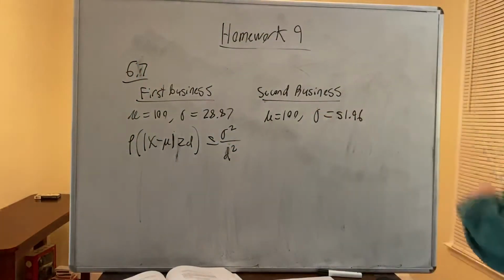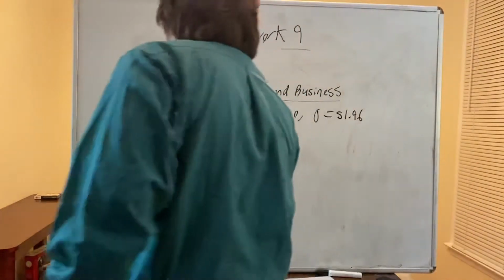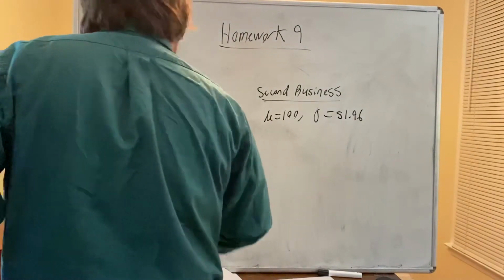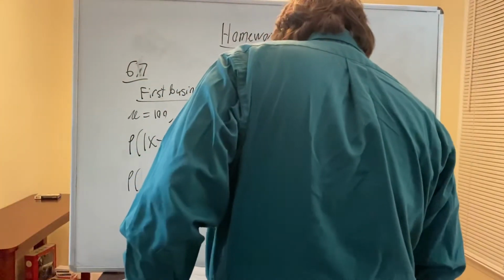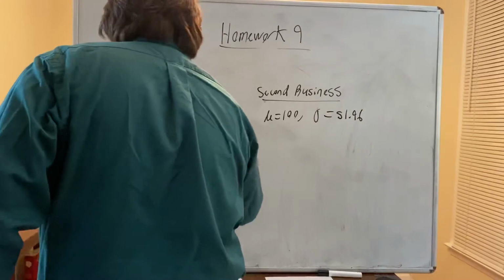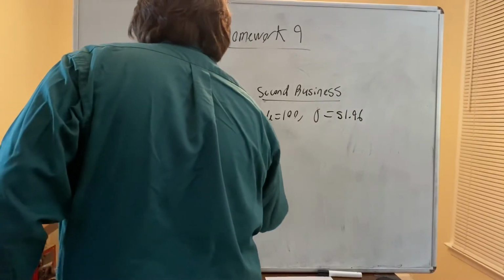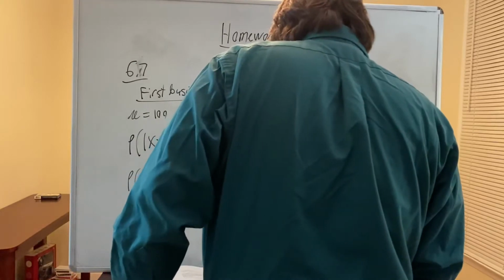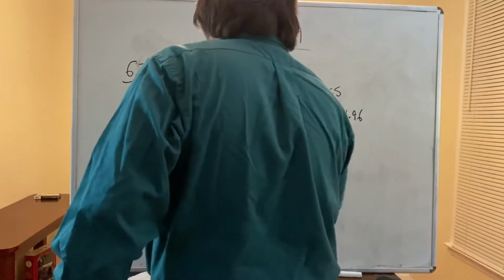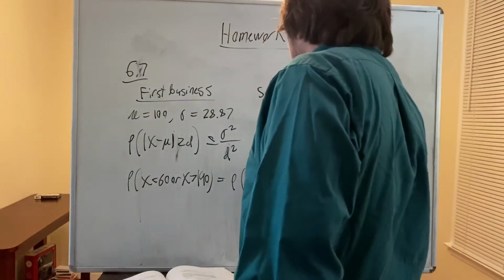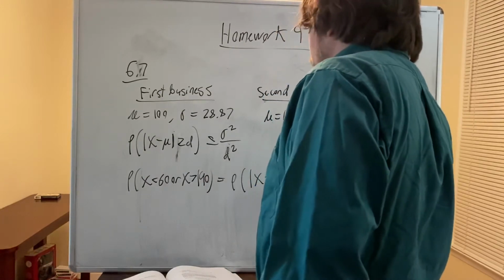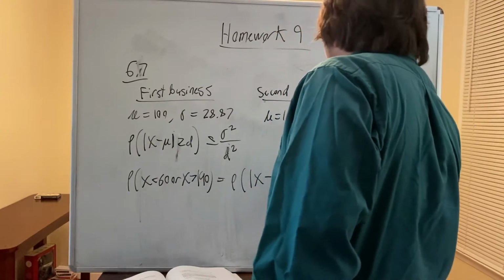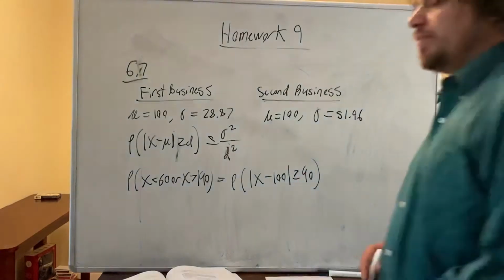Here mu is 100, and what we want is the probability that X is either less than 60 or X is greater than 140. That's equal to the probability that the absolute value of X minus 100 is greater than or equal to 40.